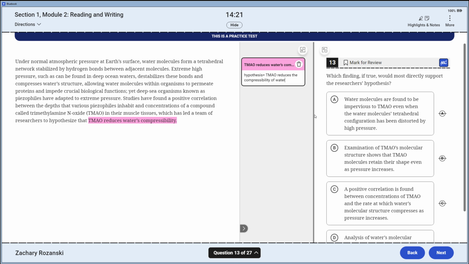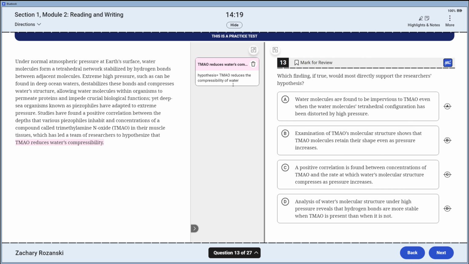What would support the researcher's hypothesis? I can't make a guess from this right now. I'm going to read a little bit more. TMAO reduces the compressibility of water. I don't know. I'm going to read, because we're in the middle of a dependent clause, so I'll go back to the start of the sentence. Studies have found a positive correlation between the depths that they inhabit and the concentration of TMAO in their muscles.